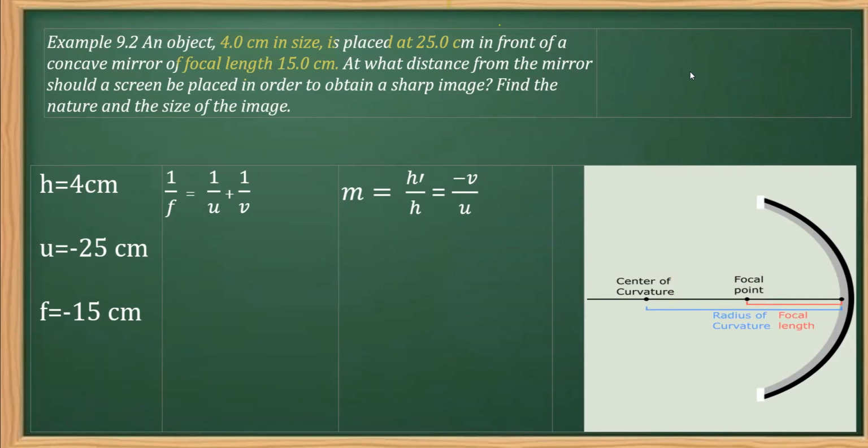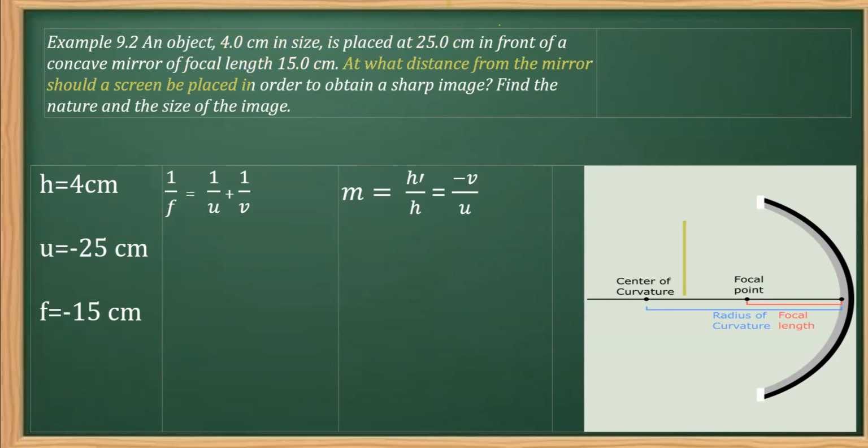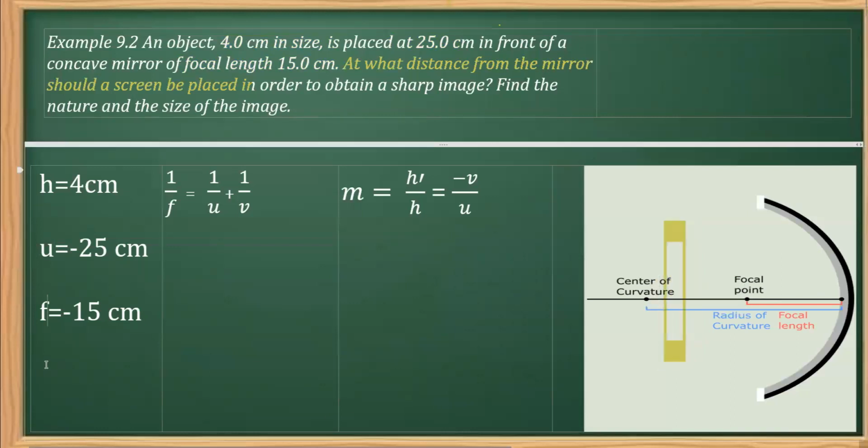Now, what we have to find out is at what distance the screen should be placed. Wherever the screen is placed is where the image is formed, and on a screen the image is always real and inverted. So it must be placed in front of the mirror, since only a real image is formed on a screen. So we have to calculate v, because the screen distance is the same as the image distance.